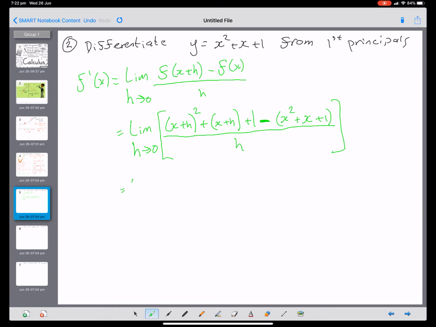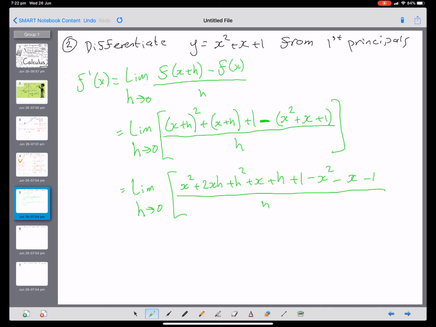Okay, so let's start our expansion. So we've got x squared plus 2xh plus h squared plus x plus h plus 1 minus x squared minus x minus 1 all over h.